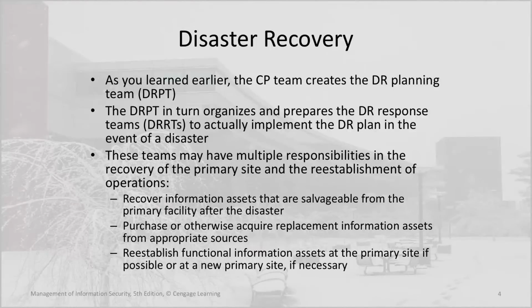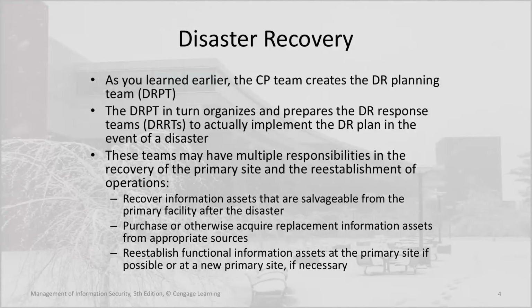As you learned earlier, the contingency planning team creates the disaster recovery planning team, the DRPT. This in turn organizes and prepares the disaster recovery response teams to actually implement the disaster recovery plan in the event of a disaster. These teams may have multiple responsibilities in the recovery of the primary site and the reestablishment of operations.